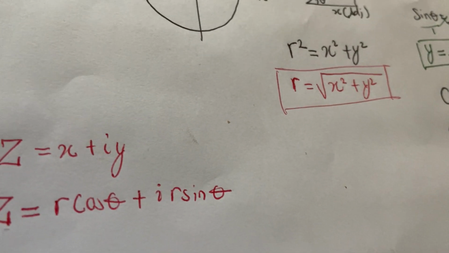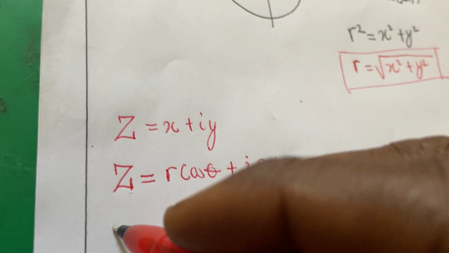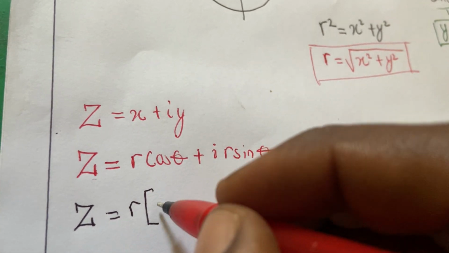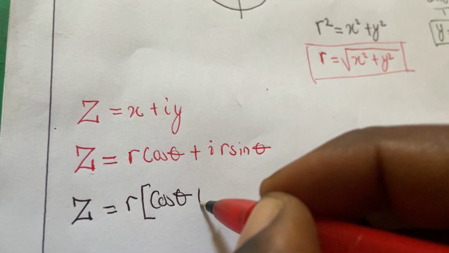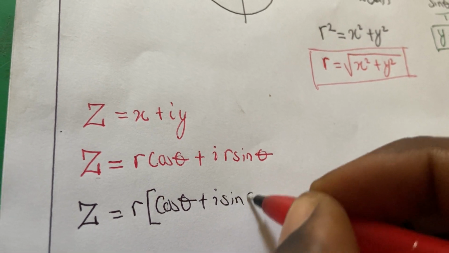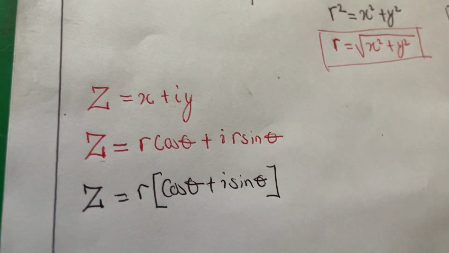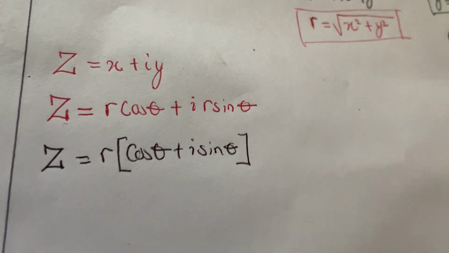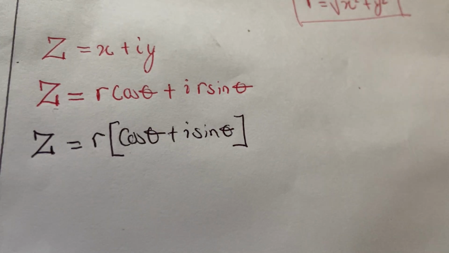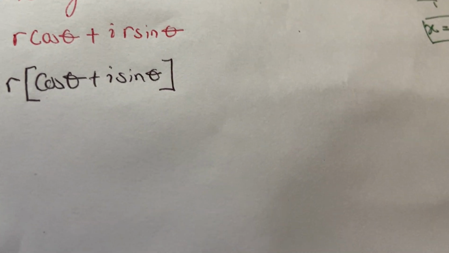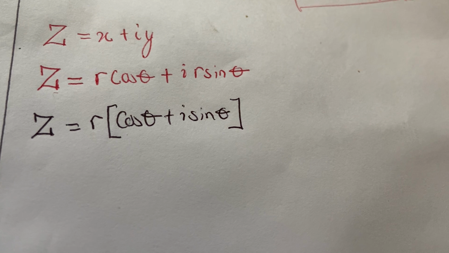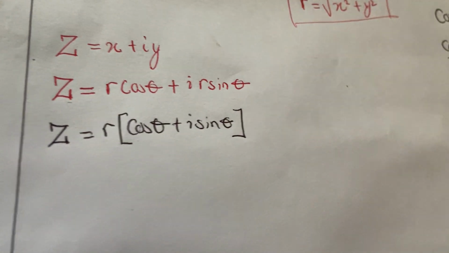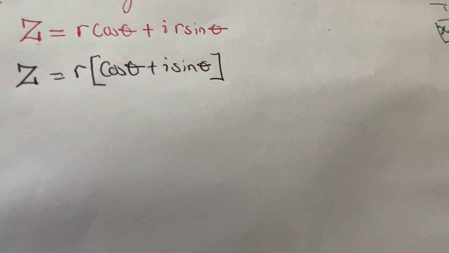Therefore z equals r (cos theta plus i sin theta). So now we have this formula. If you don't understand anything, you can look back at what I just discussed. All right, now let's go deeper.